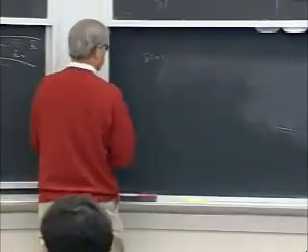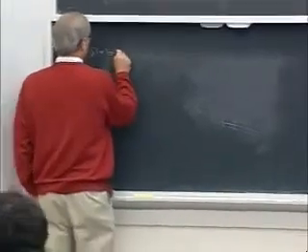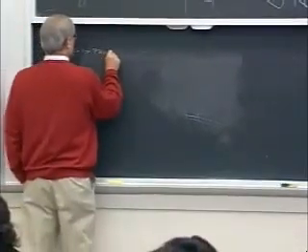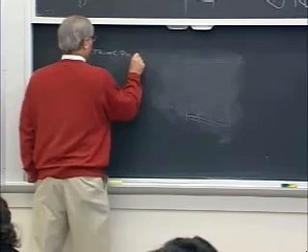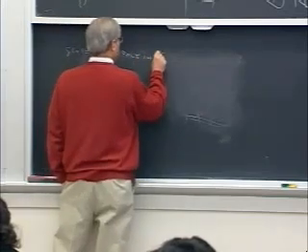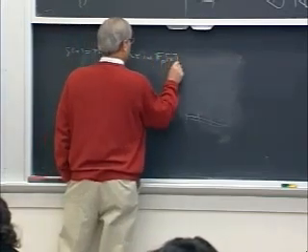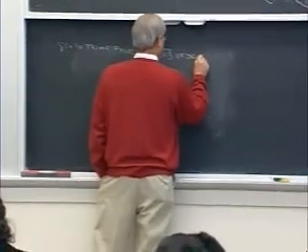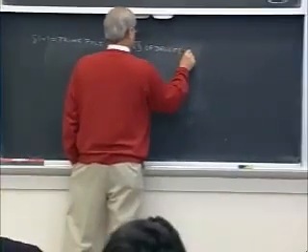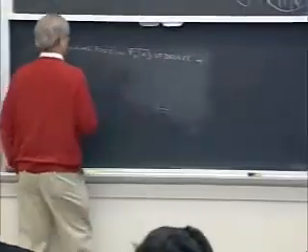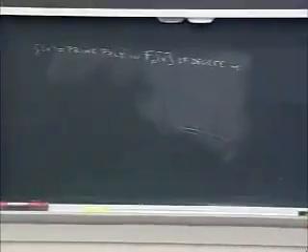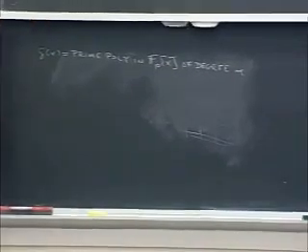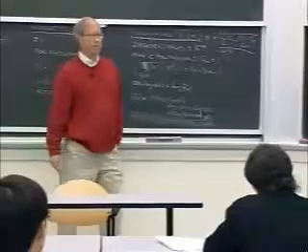So I'm going to force that g of x be equal to a prime polynomial in fp of x of degree m. All right. For example, x squared plus x plus 1 is a prime polynomial.